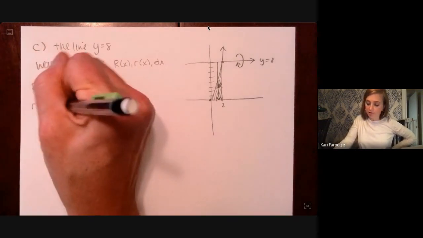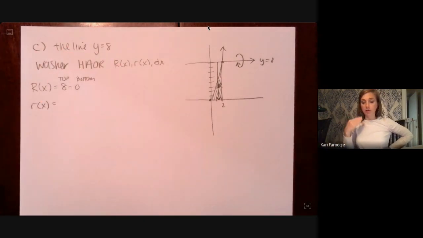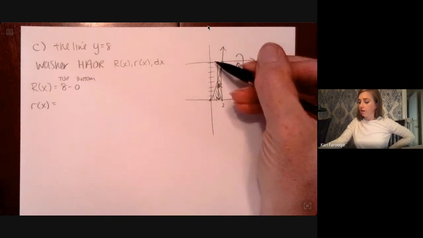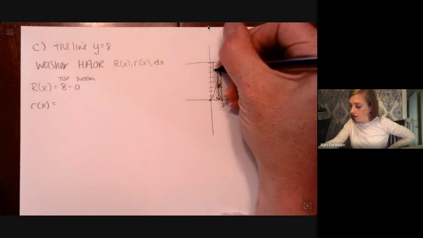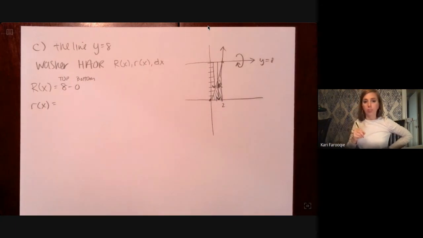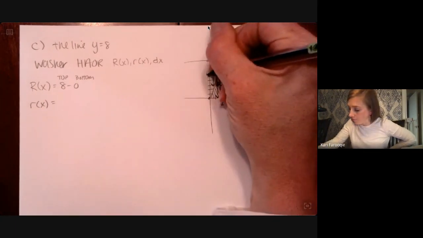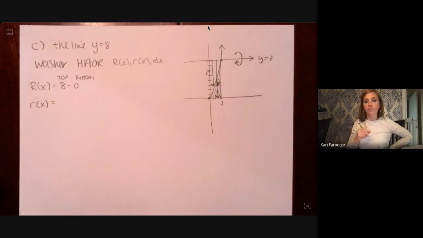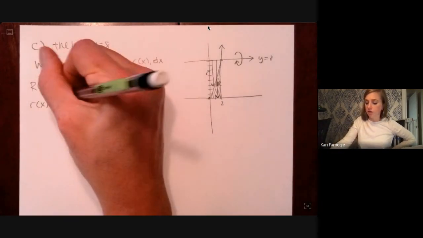Little r of x, again, we're going top minus bottom. The axis of revolution to that inner edge of your figure. That would be little r. So I'm starting at 8 again.